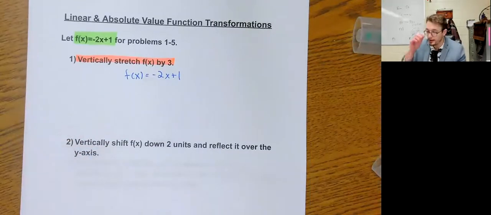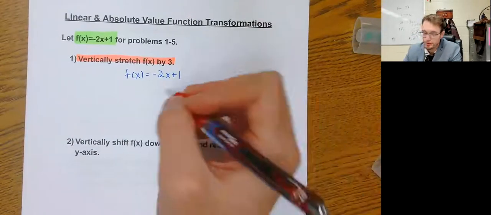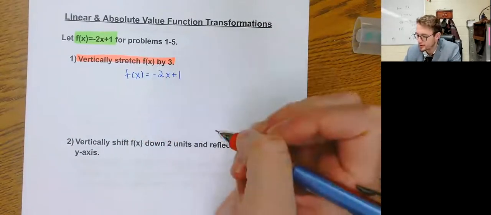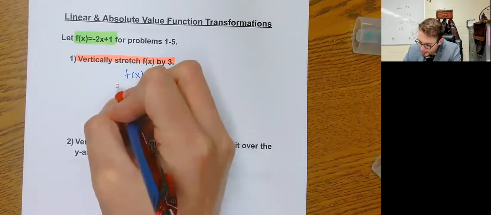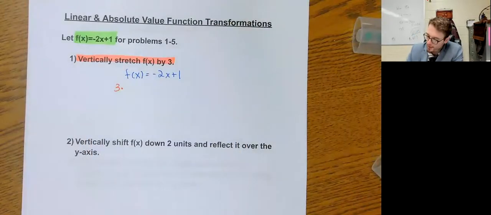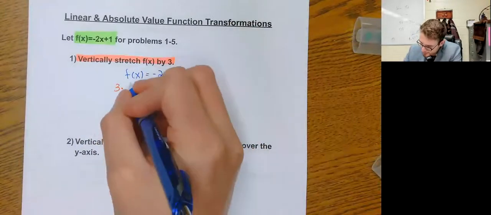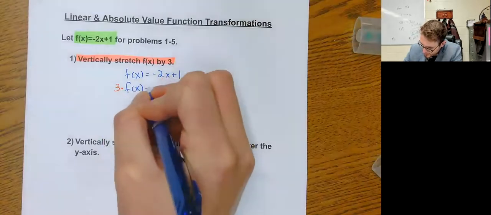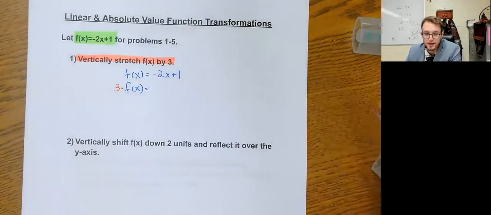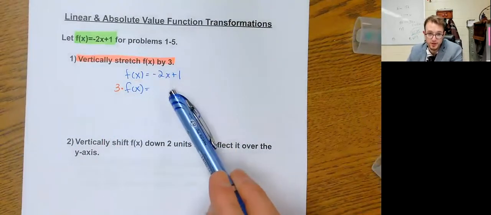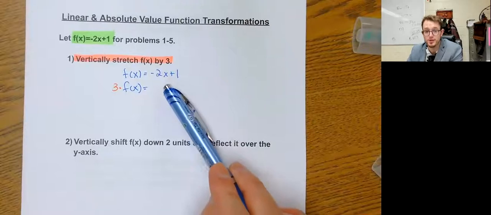I can't make anybody do it, but I'm trying to get my students to show all their work, and the step that you should show is we're going to multiply the entire function f of x by 3. Now, what is the entire function? The entire function is negative 2x plus 1.